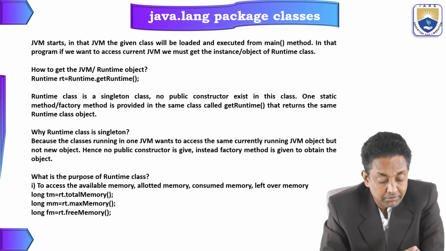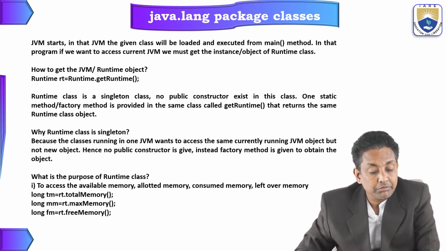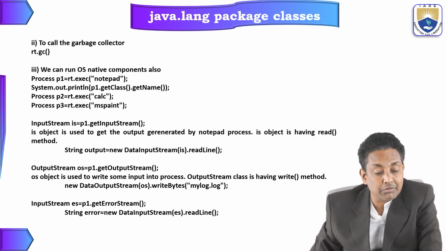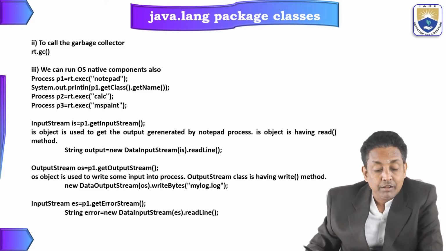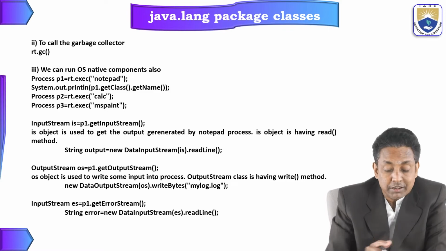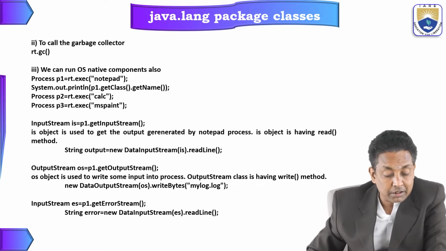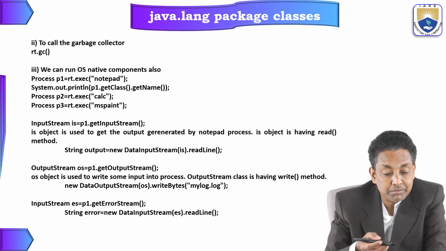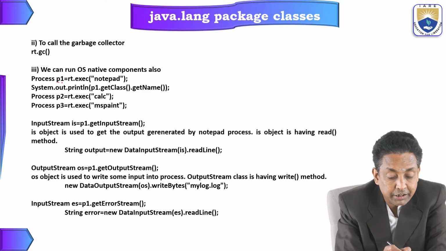So here the explanation is given on the Process and Runtime classes, which is sufficient. Here, once after getting the Process class object, where is it? Yeah, here it is.